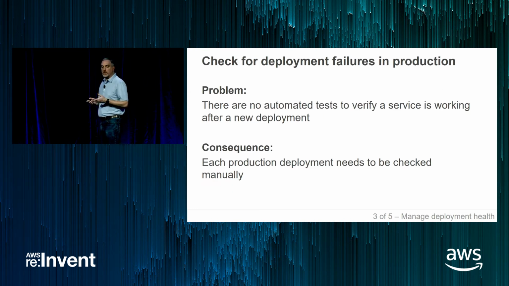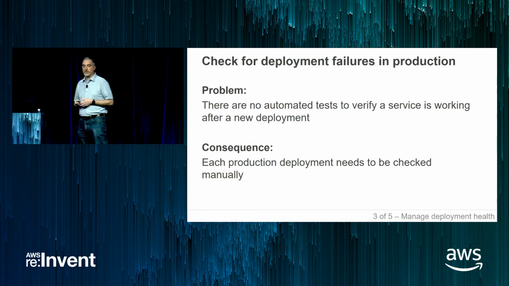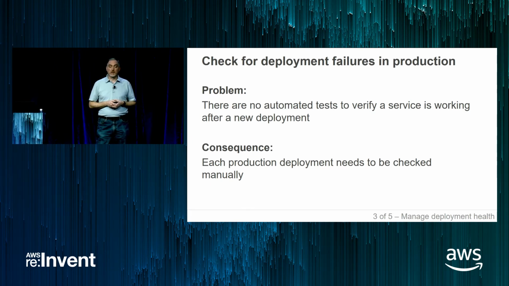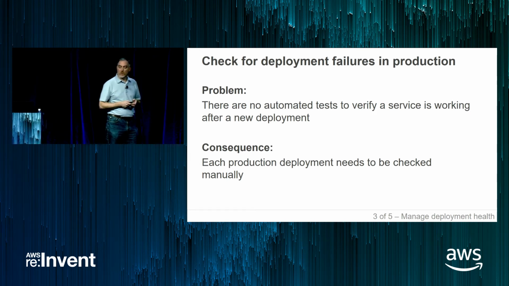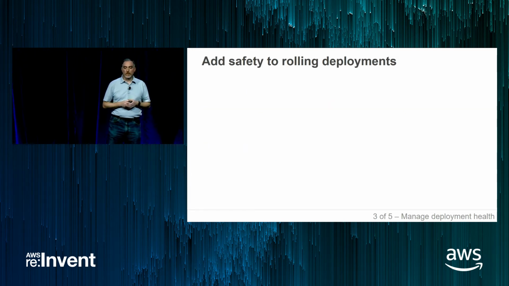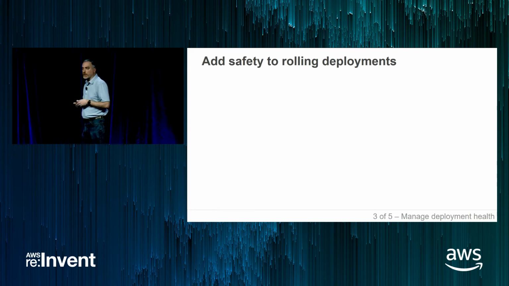So by default, deployment systems are unaware of application-specific logic, including whether the new code actually works. This means we don't know if the deployment has left our service running or whether it's broken. Rolling deployments need 3 checks for deployments to be safe.